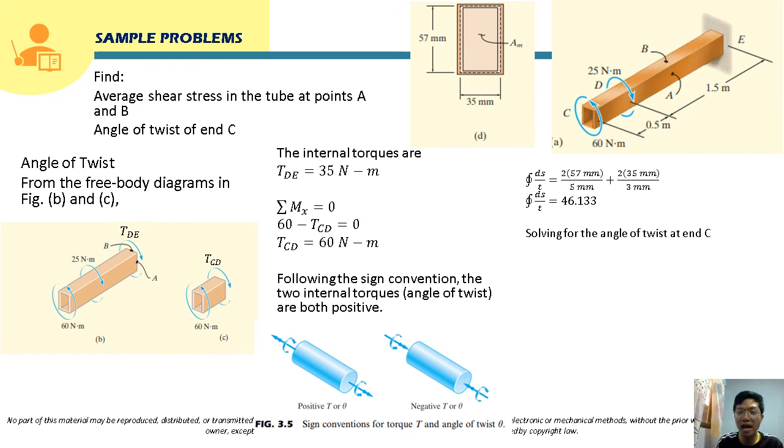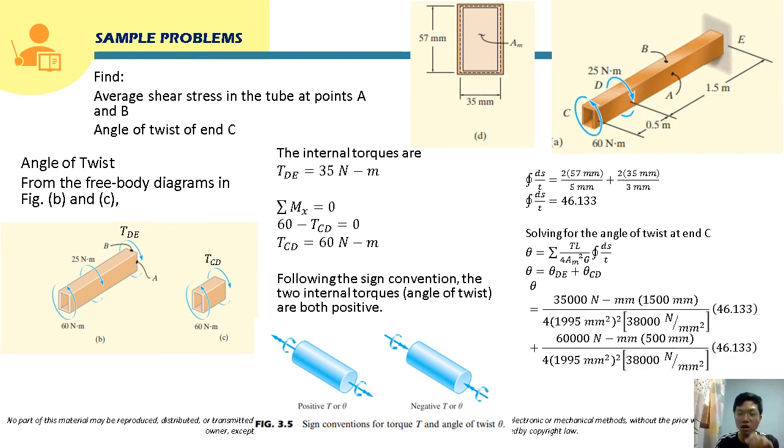So solving for the angle of twist at E, we will just sum up the angle of twist of CD and DE. They will both be positive based on our sign convention. Following the formula, for the angle of twist of DE, T, the torque here, is 35,000 Newton millimeter times its length.